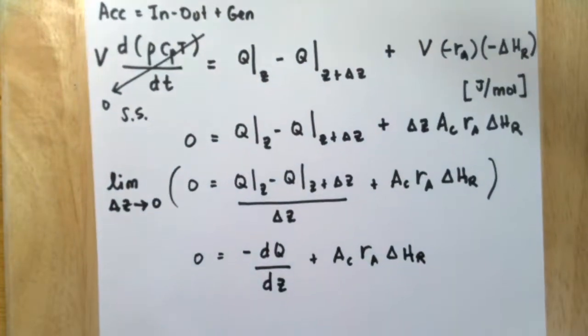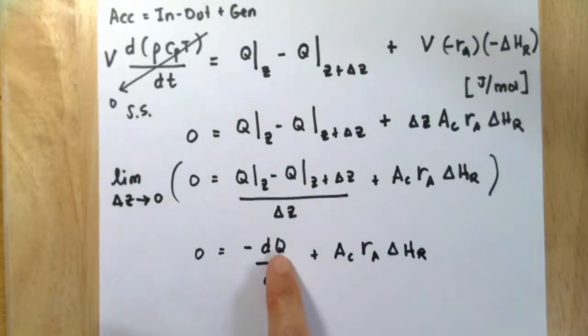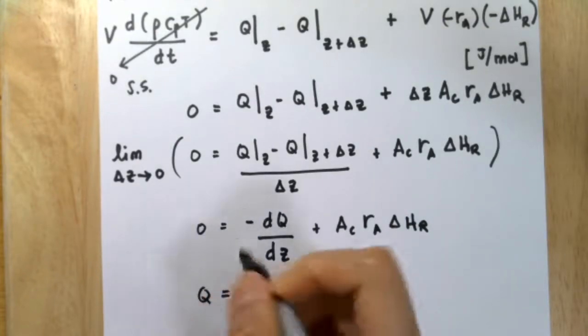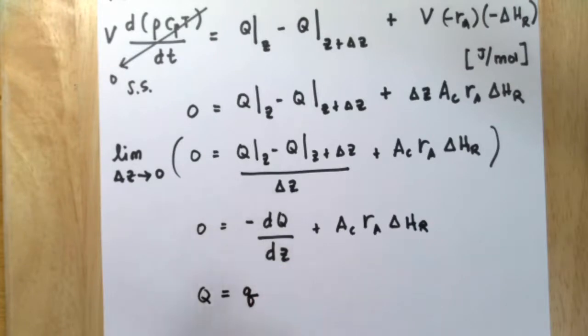Okay, so now I need to write an expression for Q in terms of the system variables. If you can remember, we can write the heat flow rate in terms of the heat flux, small q. So we have to multiply this by the cross-sectional area of the control volume.